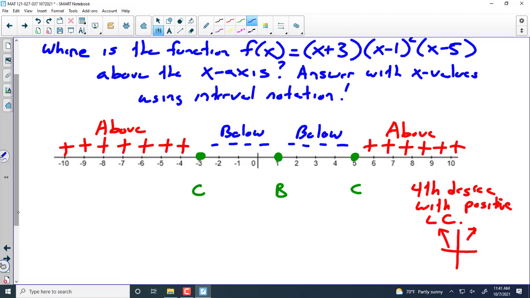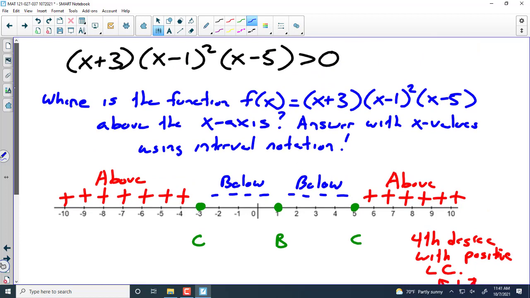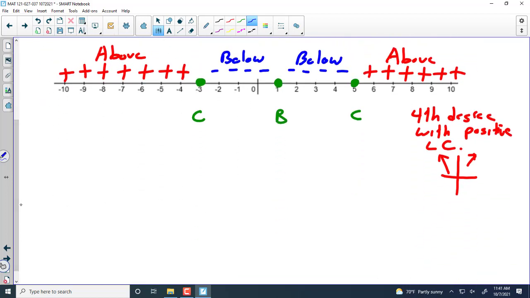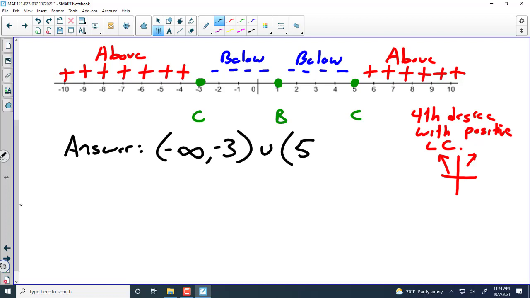Now we go back and look at the original question. It wants to know, when are we above the x-axis? So my answer looks like this: from negative infinity up to -3, and from 5 to infinity.